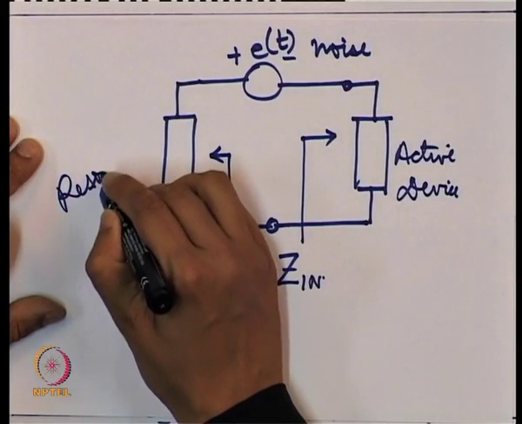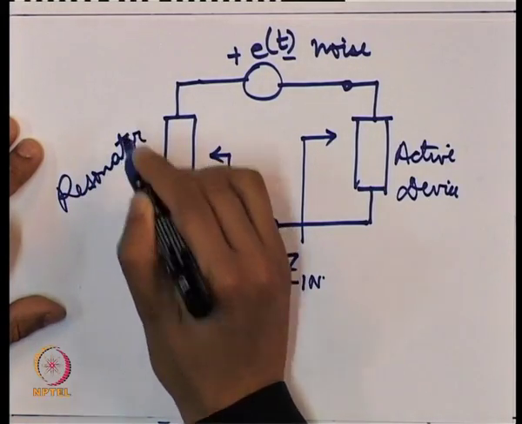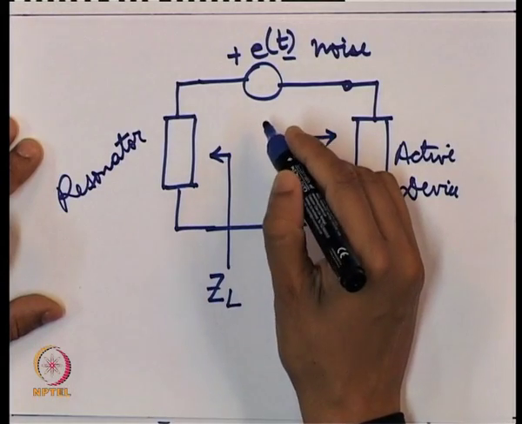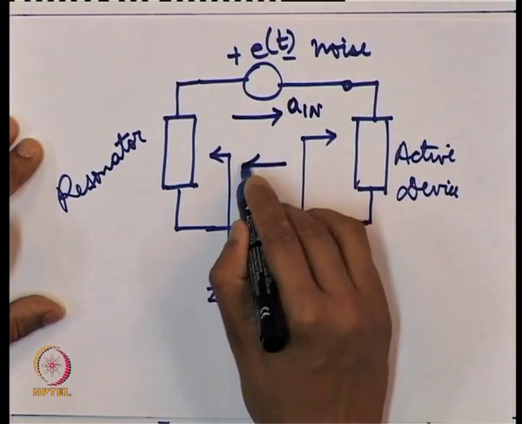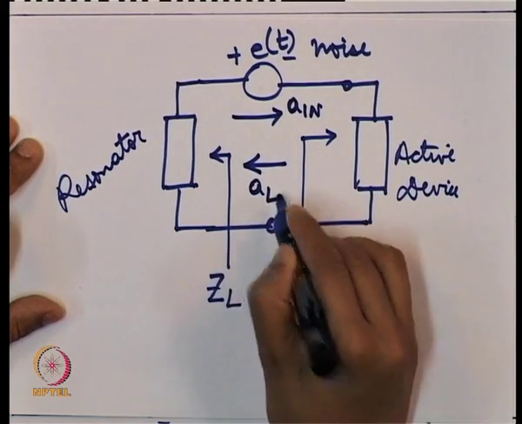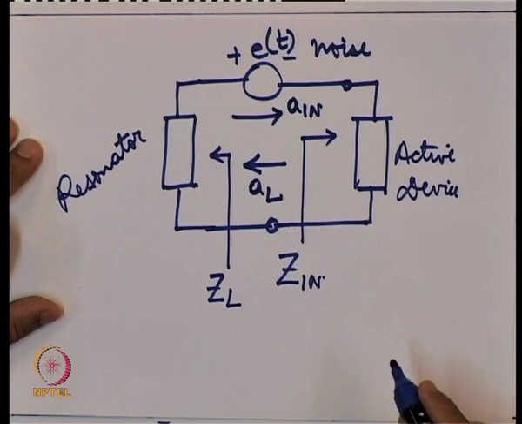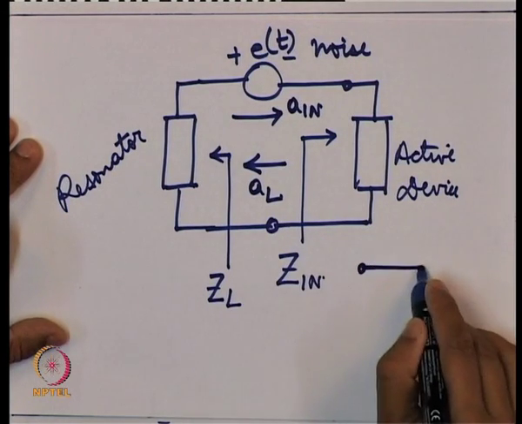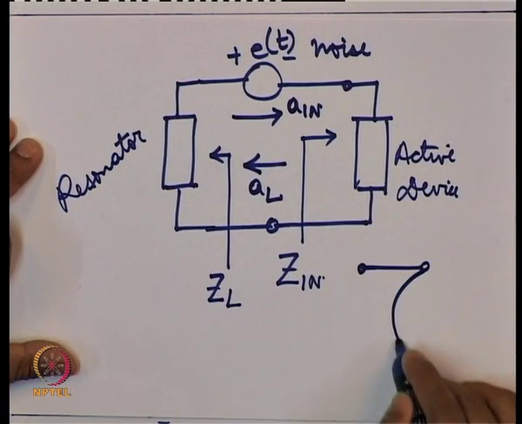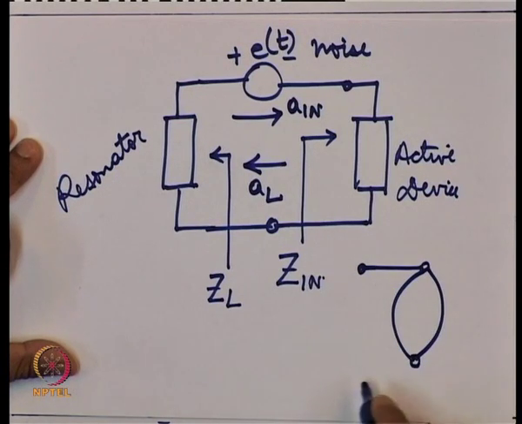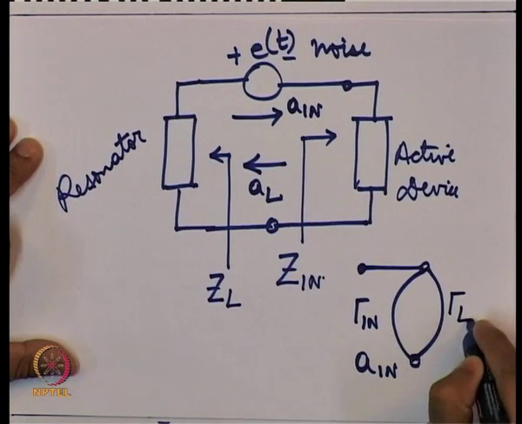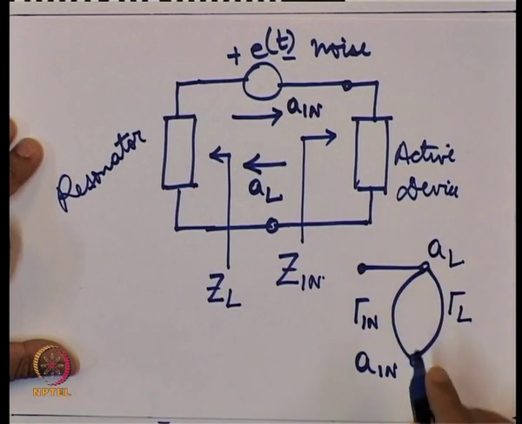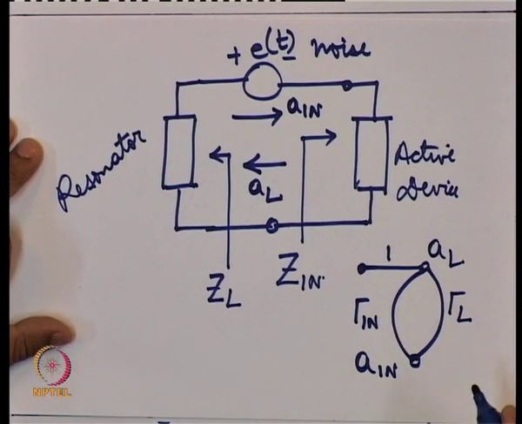This is a resonator. Suppose this is the incident wave in this direction, and this AL is my incident wave in the opposite direction. Then the signal flow graph diagram for this circuit will be something like this. I am drawing this signal flow graph diagram from the discussions that we had many modules ago.